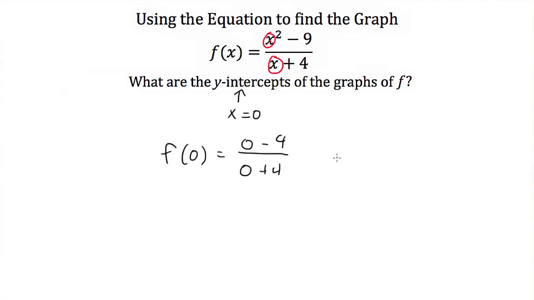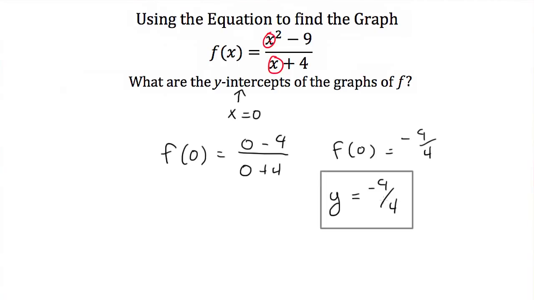So our y-intercept then, or our function value when x is equal to 0, is negative 9/4, which means our y-intercept is at negative 9/4. So that's how you can use the equation of your function to find several things on the graph of your function. And now that we know how to use the graphs of functions, that completes this tutorial.